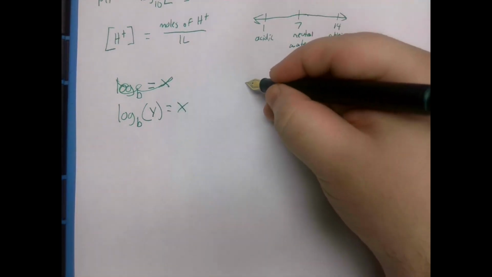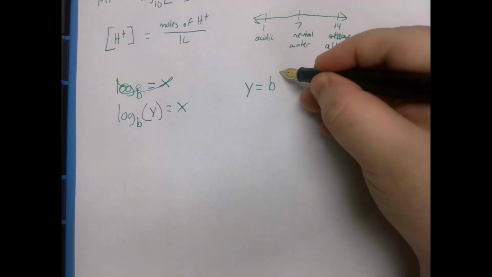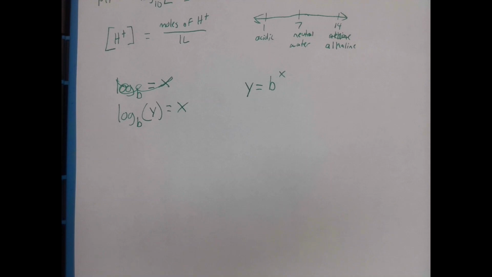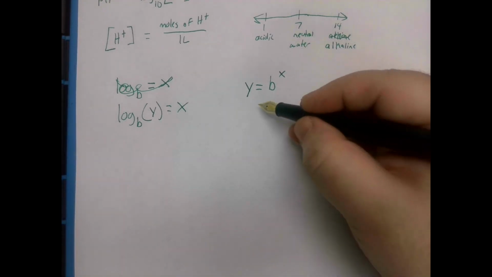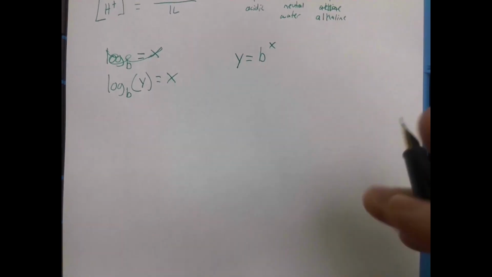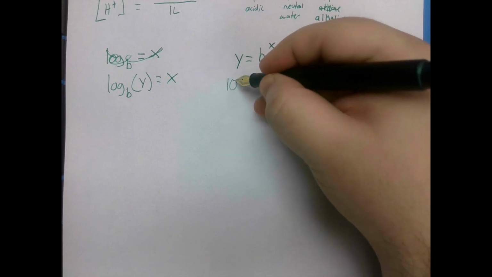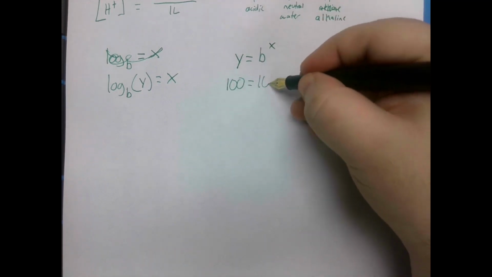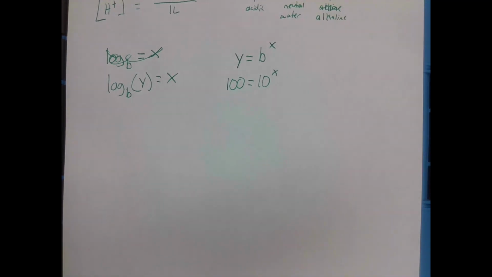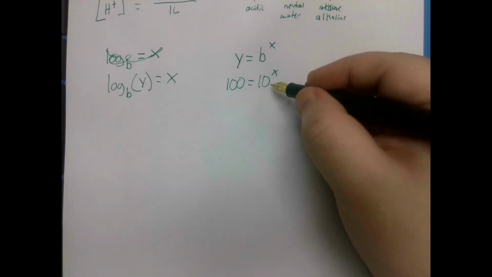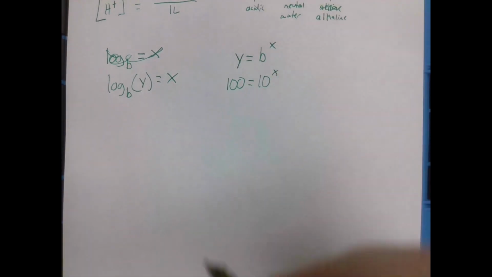So if you have the expression y is equal to some base raised to the x power, and you plug in, so let's say I have 100 is equal to 10 to the x. What is the x? What x gives you 100 when you raise 10 to that power?